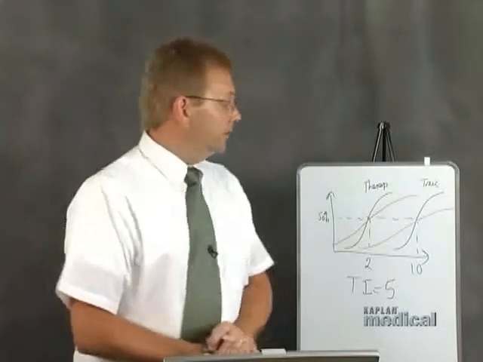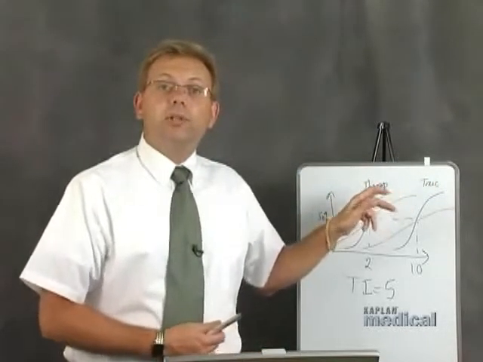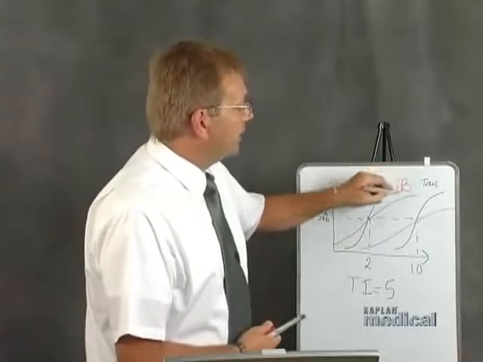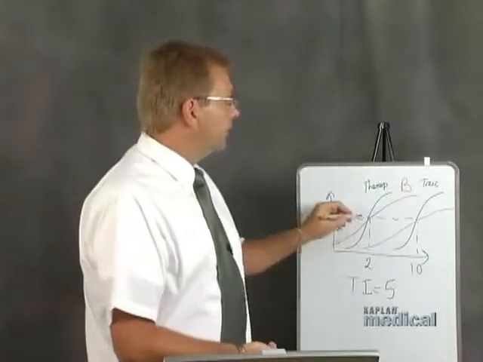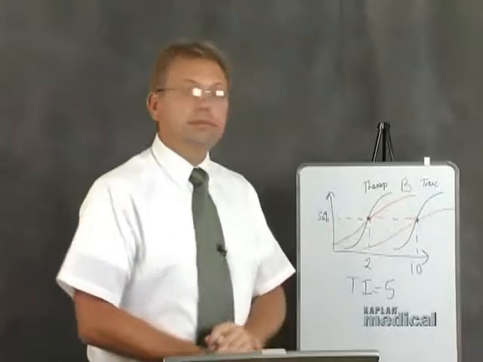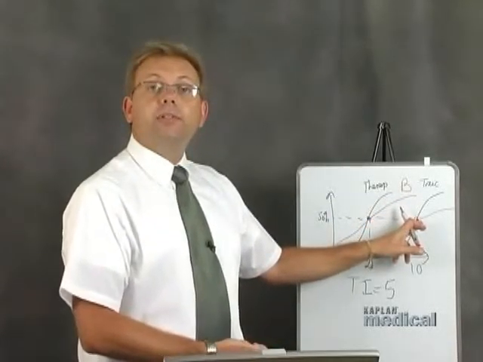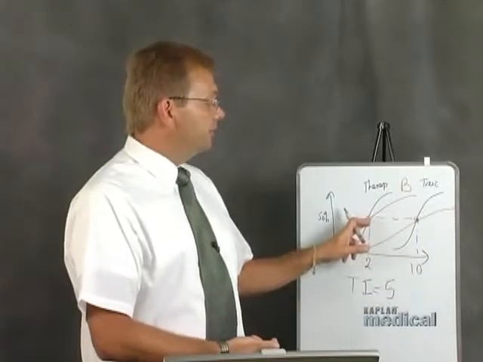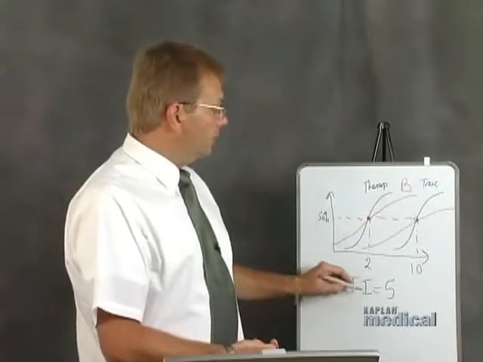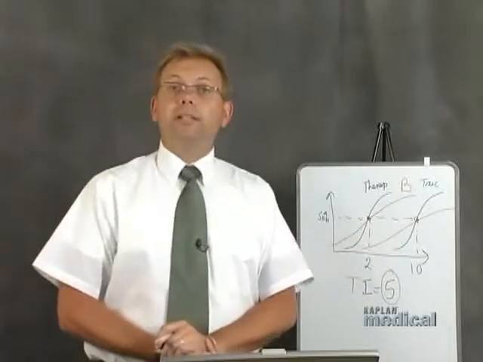Sorry for the drawings, I'm not an artist, but when you look at it, if I call this drug B in red, what is its therapeutic index? You notice that the doses for drug B that are 50% toxic are still 10, 50% efficacious, still 2. The TI is still 5 for that other drug.